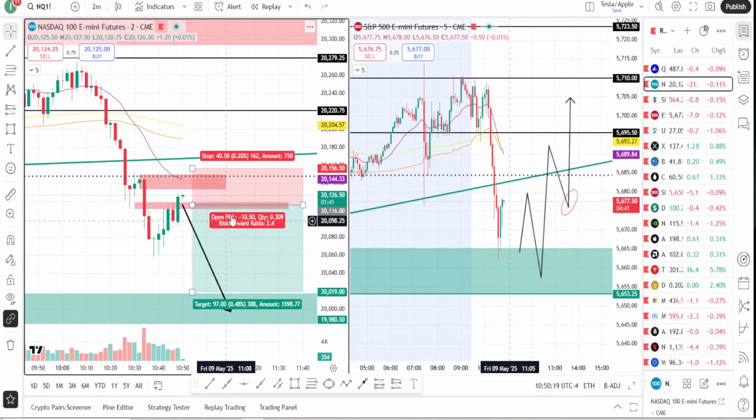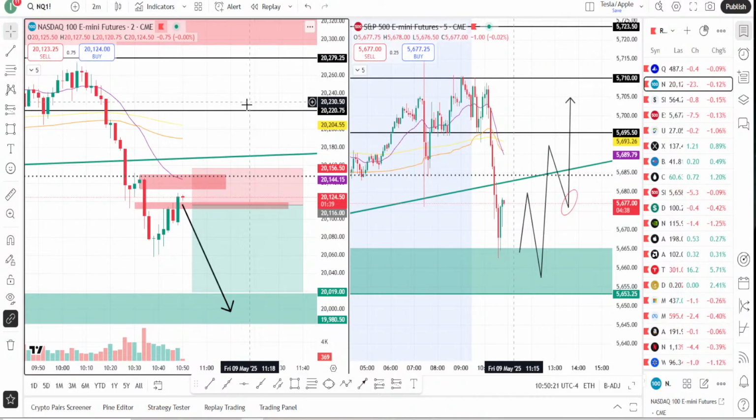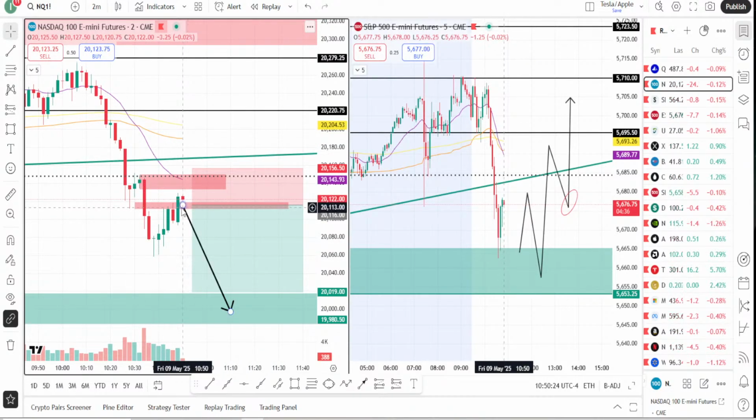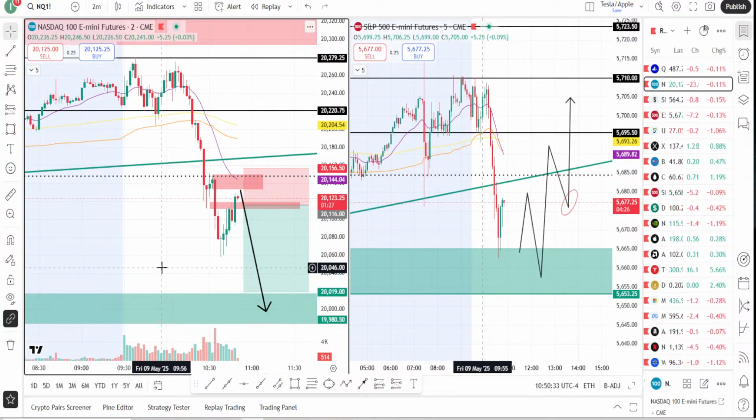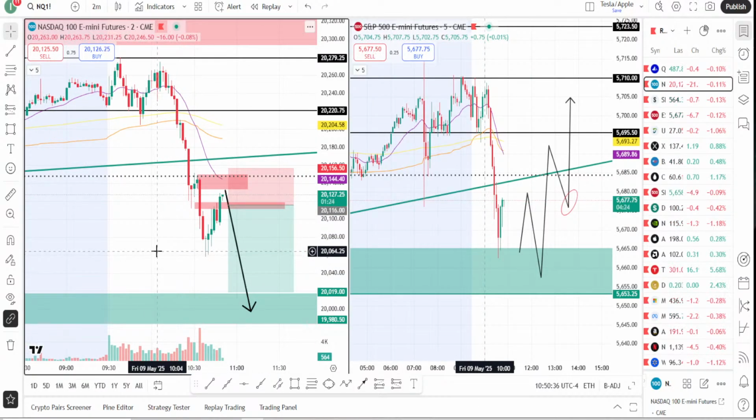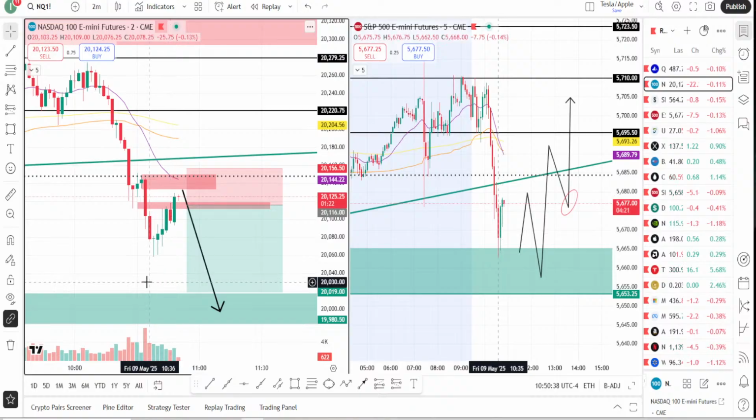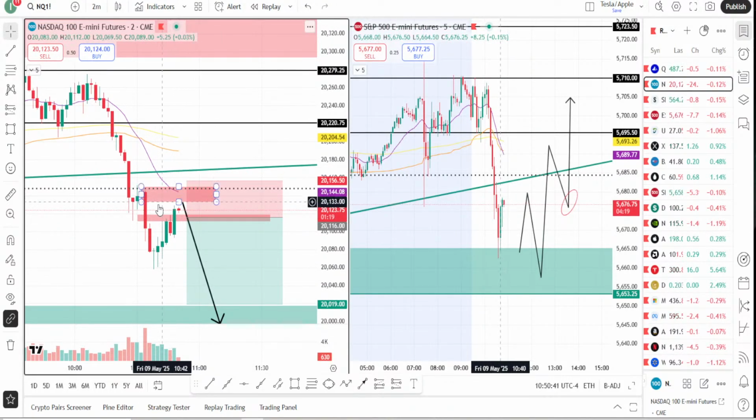It looks like a good pullback to sell into. Let's wait for a strong red candle here on the 2-minute, a strong red candle below the 21. That would be the entry.